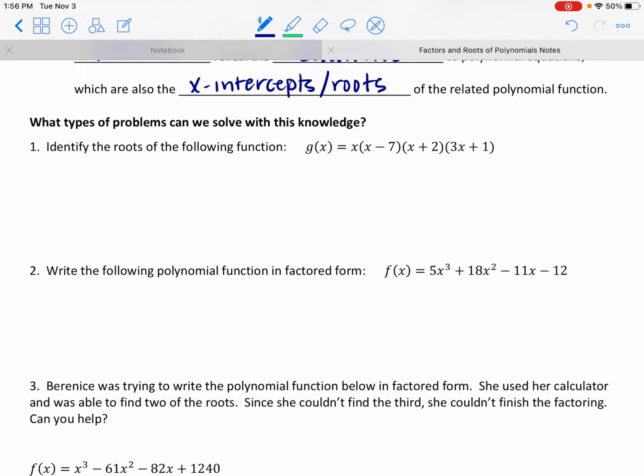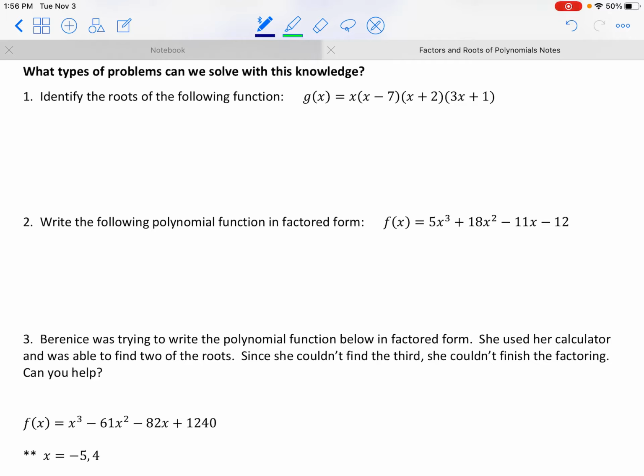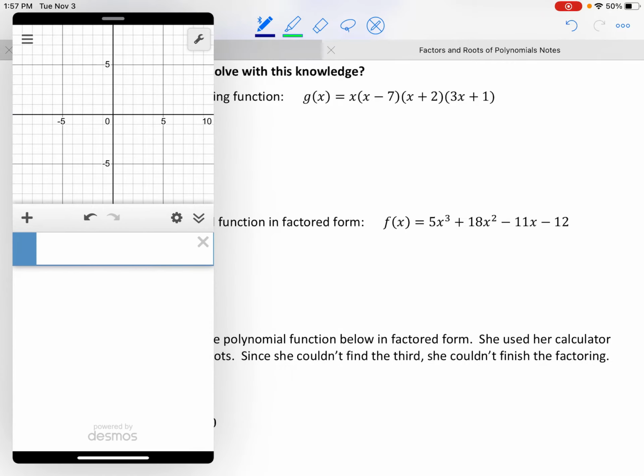All right, so what types of problems should we be able to solve with this knowledge? The first question says, identify the roots of the following function. If it says identify the roots, that means it's asking where this graph is crossing the x-axis. Of course, I have technology that can graph this for me.